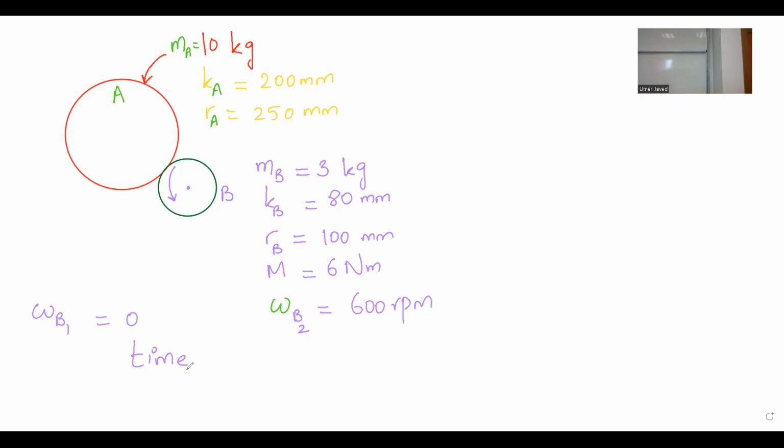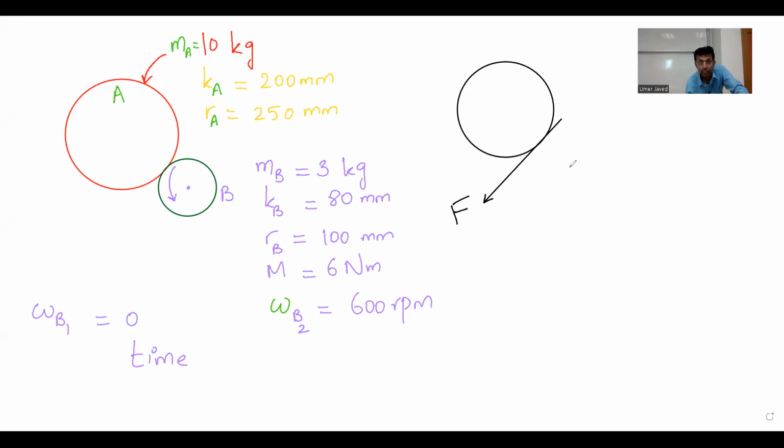Just a quick remark: if you don't make the free body diagram, you will not be able to crack this. Because both of them are in contact with each other, number one, this is the free body diagram. If you don't draw it, you will not be able to understand that there is actually a force acting on this cylinder.